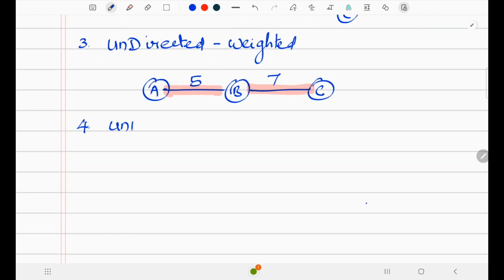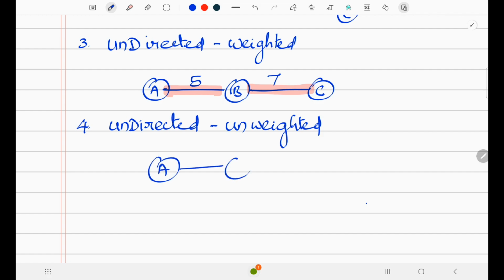There's some cost between the travel A to B, say 5, and B to C is 7. And the fourth type is the undirected unweighted graph. Here, same thing, we have vertices A, B, C, but we don't have any direction or any cost. So this is the undirected unweighted graph. Clear?